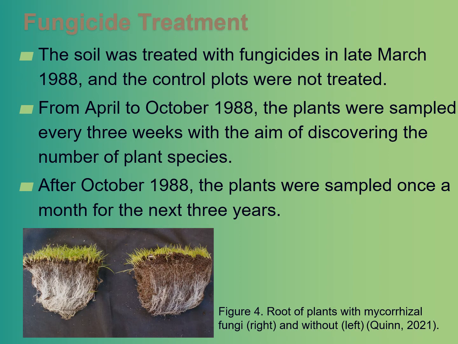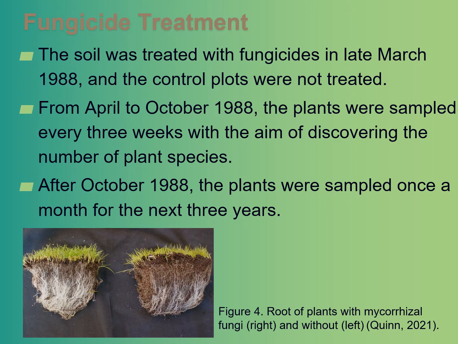The fungicide treatments were performed late in March, and in the period from April to October 1988, the authors collected vegetation samples for periods of 3 weeks, followed by another 3 years at monthly intervals during each growing season.